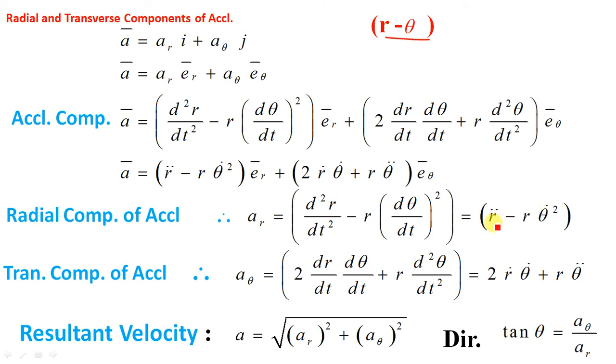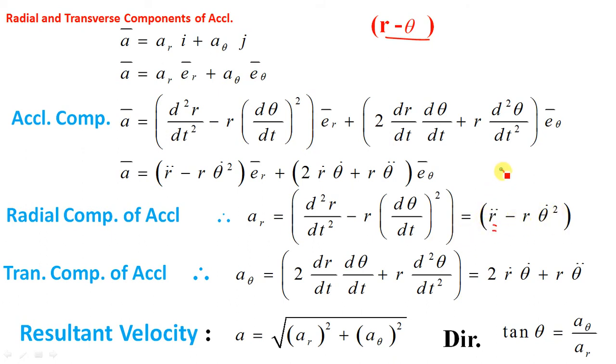Now what is r double dot? That is the double derivative of r, that is d square r upon dt square. And what is theta dot? d theta upon dt, bracket square. So you have to remember this formula only: Ar is equal to r double dot minus r theta dot square.